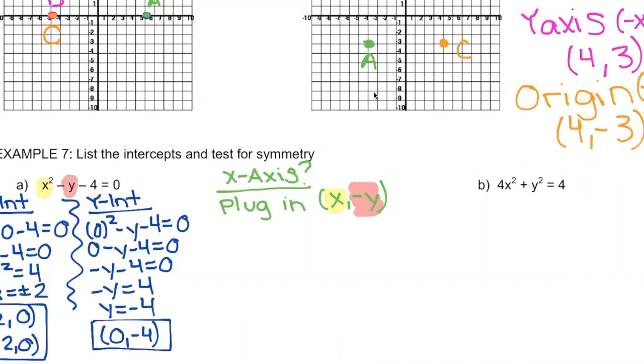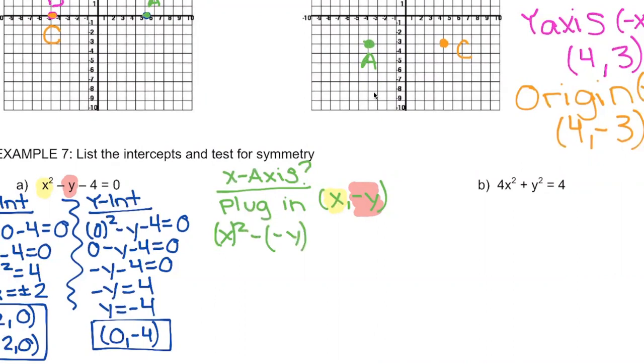That's what you end up plugging in. So what that looks like here is we're plugging in x for x, so x squared stays.